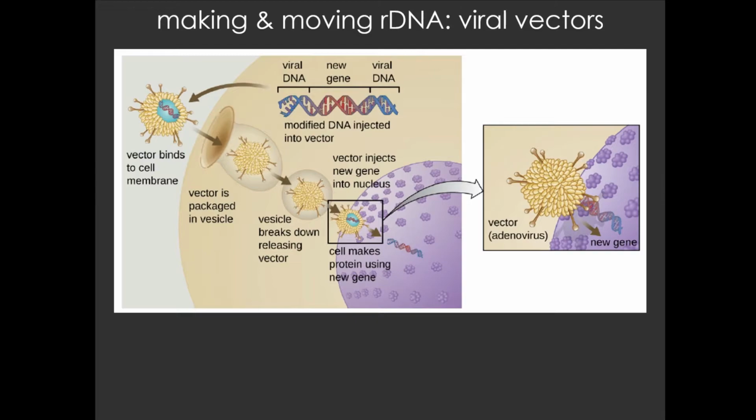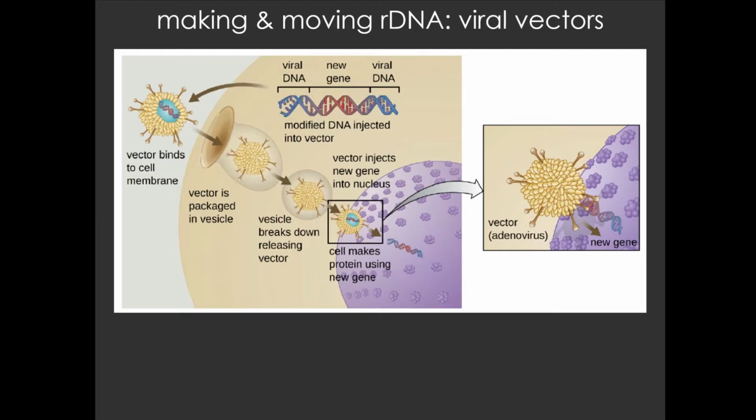So a virus picks up DNA from one cell, and because the virus is really just a DNA delivering packaging system, it will pick that DNA up and inject it into a recipient cell. And if that DNA can be inserted into the new cell's chromosome, then we will have a recombinant cell.